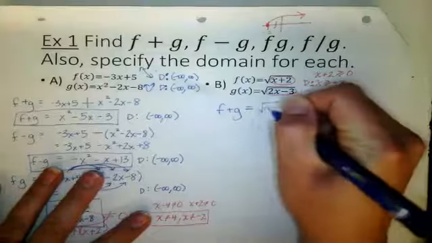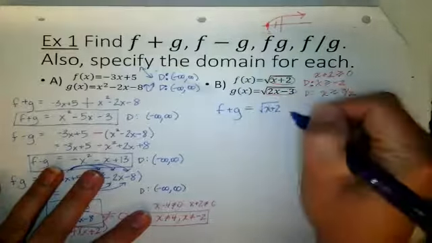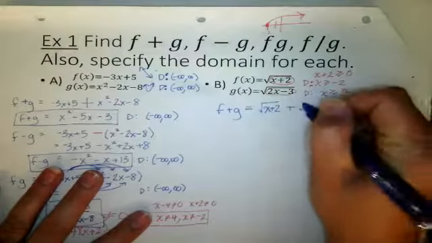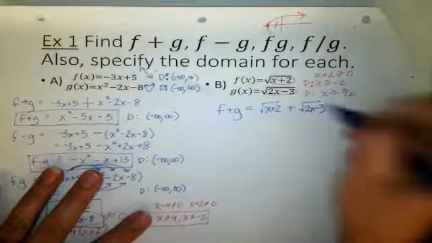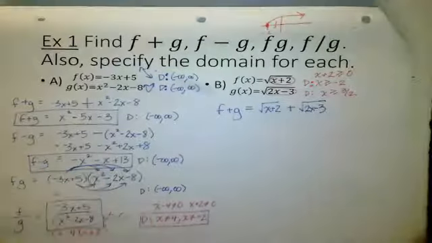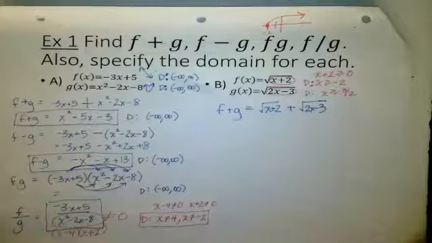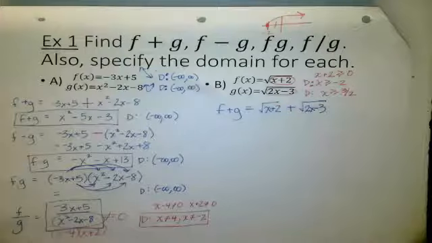All right. Here, f plus g is the square root of x plus 2 plus the square root of 2x minus 3. Are those like terms? No, they are not. Okay?